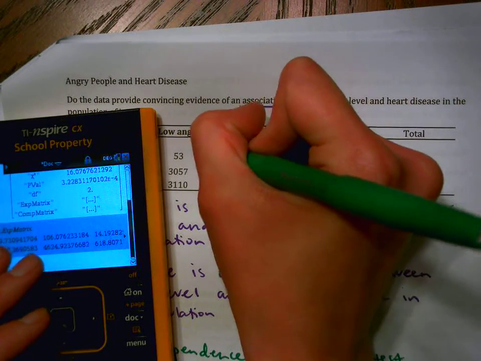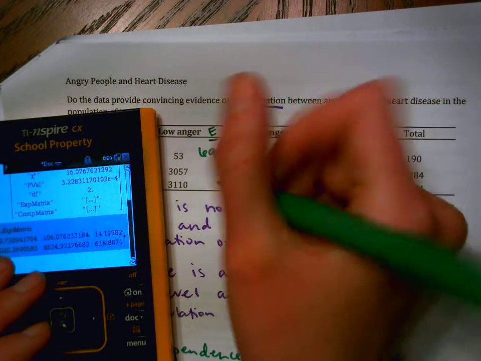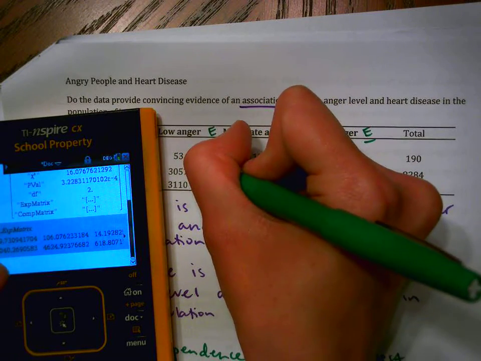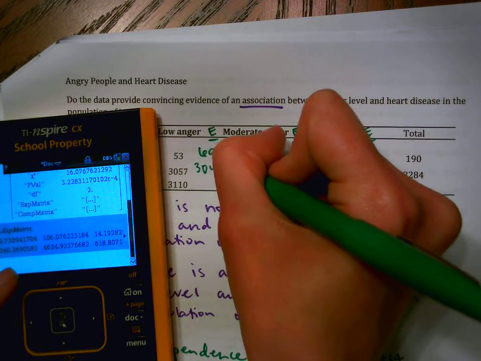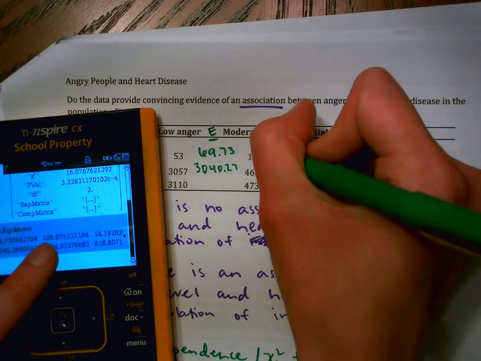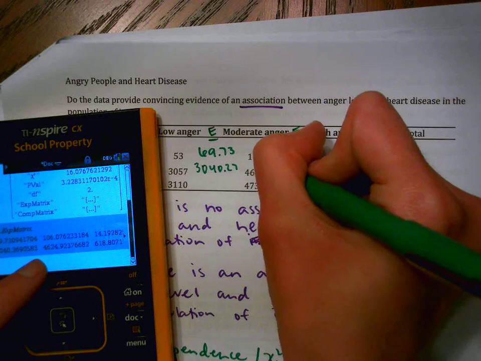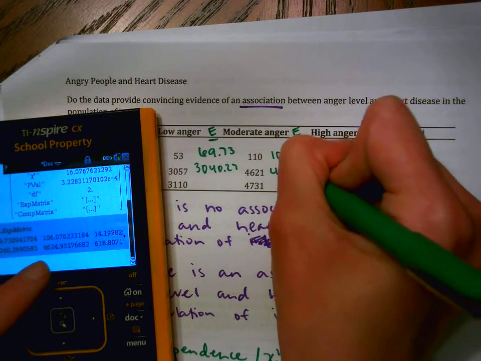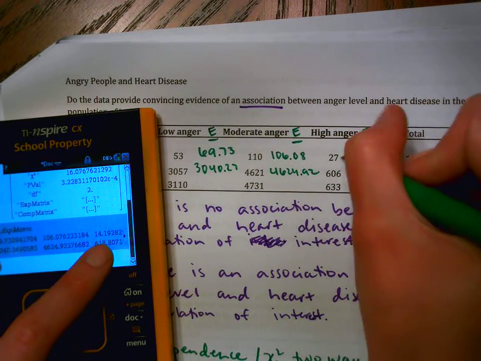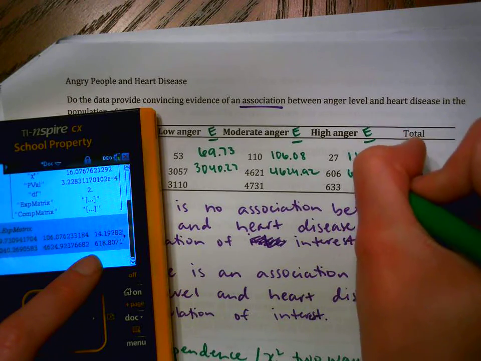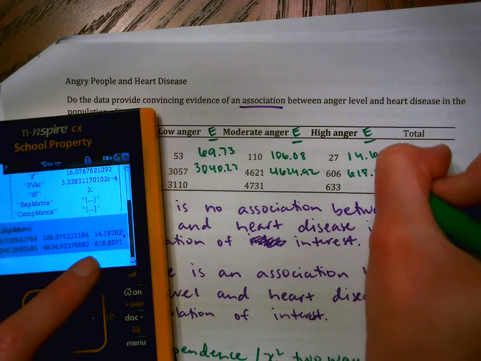The first one was 69.73. Going down: 30,040.27. Next one is 106.08, 4,624.92, 14.19, and 618.81.